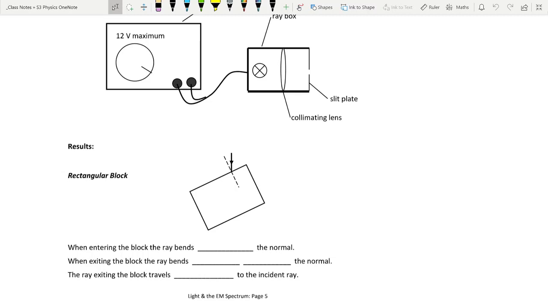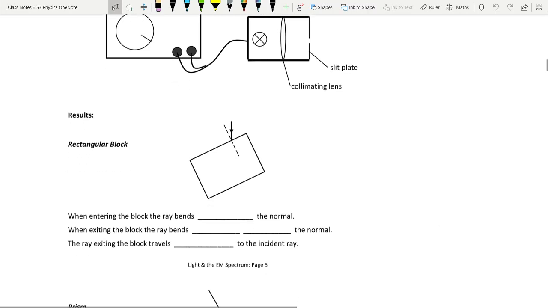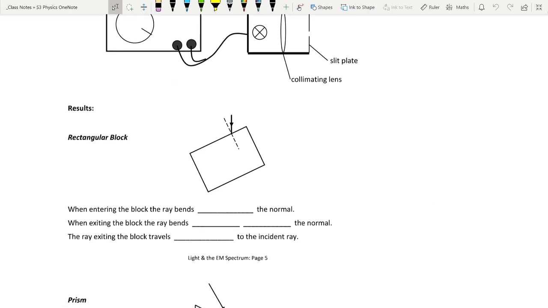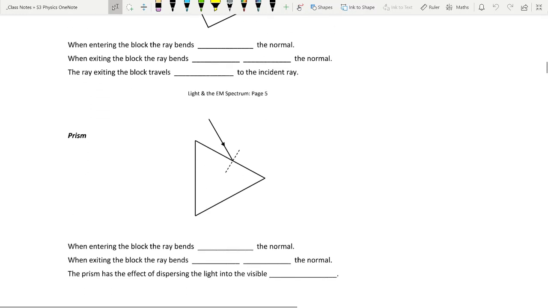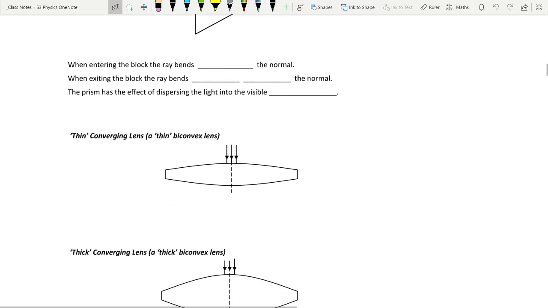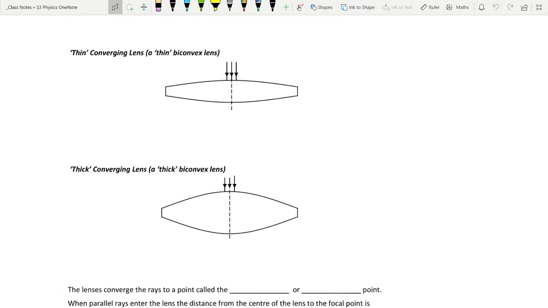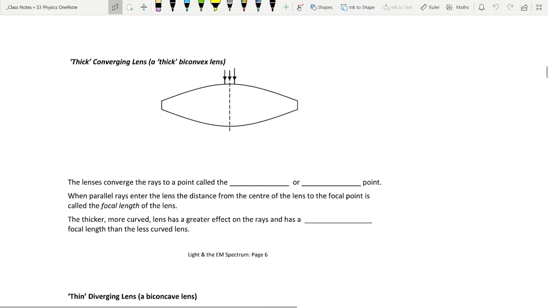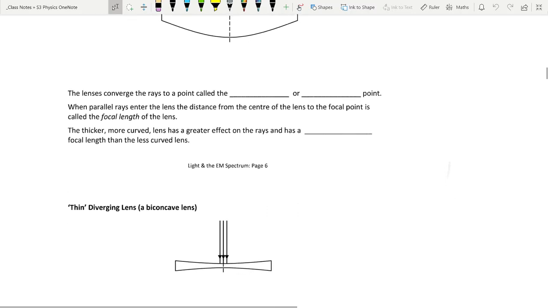So you're going to look at a rectangular block. Feel free to have a go at filling in the gaps, but we will fill them in later as well. And then a prism, a triangular block, a thin converging lens, and a thick converging lens. So basically that means thin and fat, sort of teardrop shapes. And again, if you want to fill in the gaps, feel free, but you don't have to.